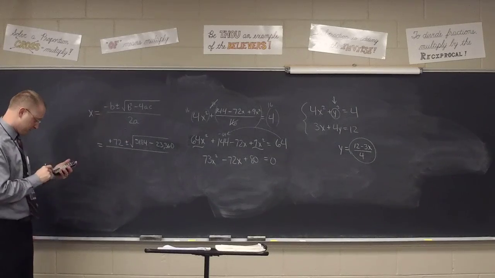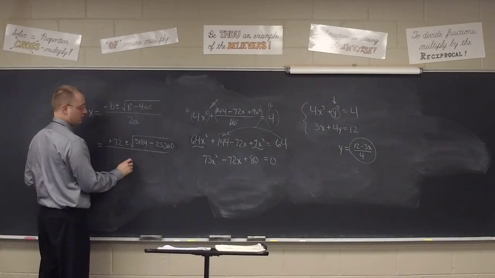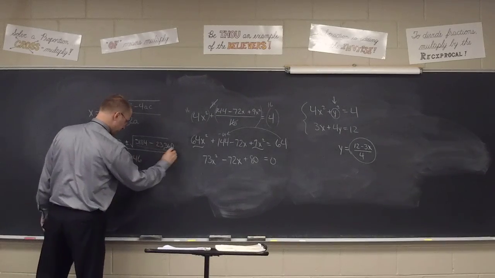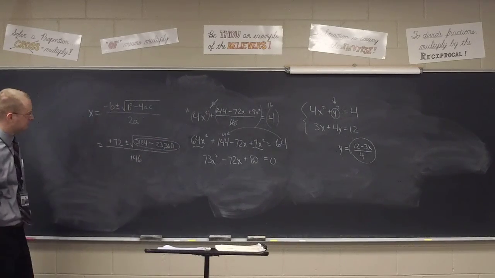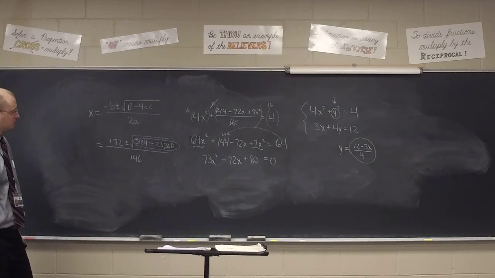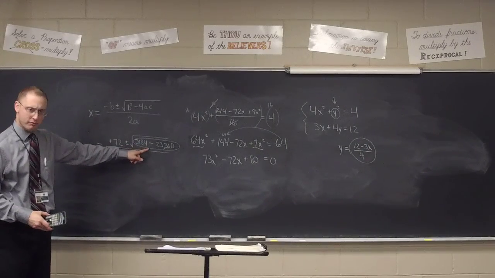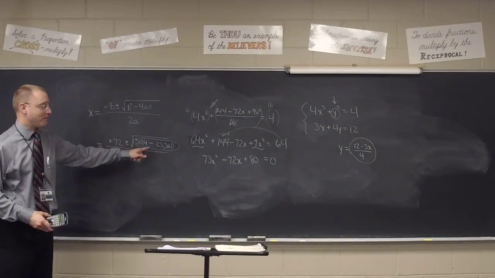What's 2a? 146. All right, now, thoughts on that? It's going to be a negative big time, right? Can you take the square root of a negative? No. Which means this is going to be imaginary.